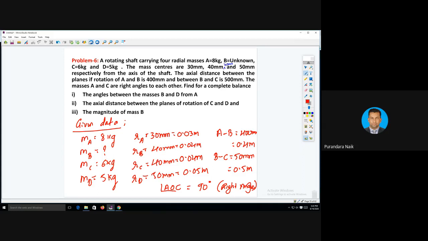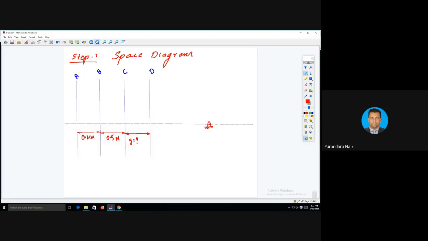That's why you take A along x-axis. So I'm going to take A along x-axis, 0 line, MA. I don't know the angle of B. Let us take the angle of the C with respect to A, that is right angle, vertical line, exactly vertical.